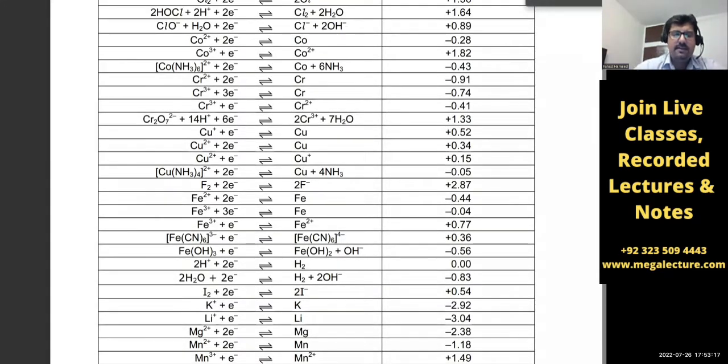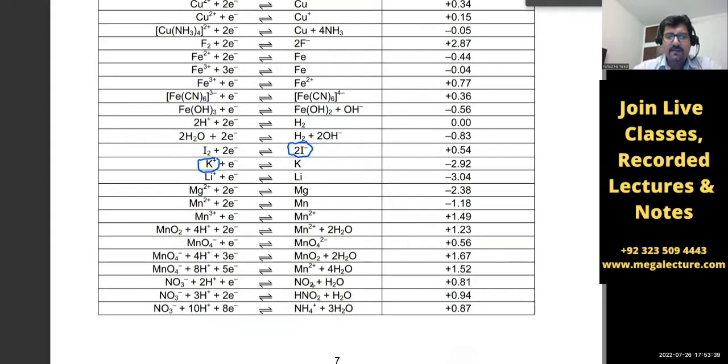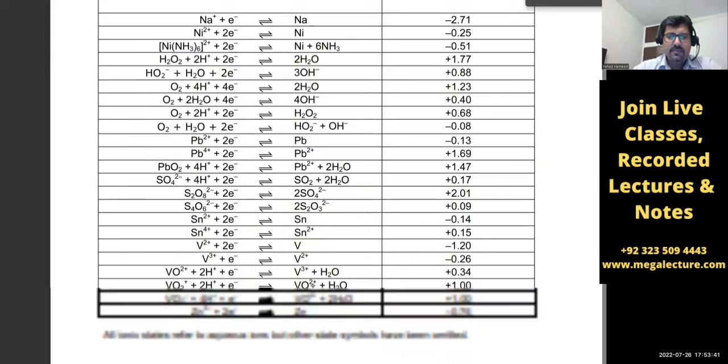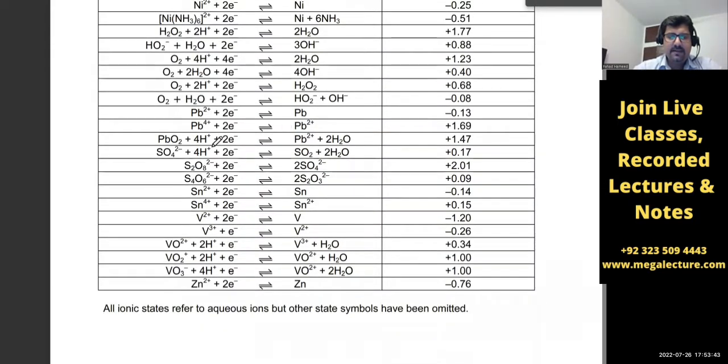let's start with K plus 1, right? Remember we found K plus 1, that's over here. And what else? I minus 1 is over here. And we need S2O8 2 minus, which is the only place it is.